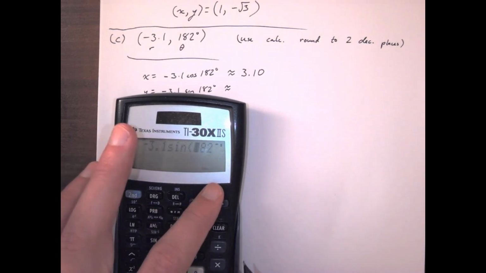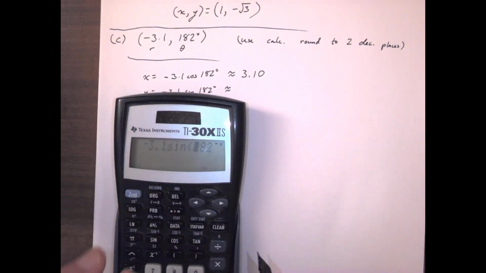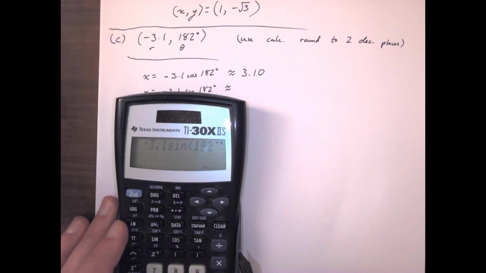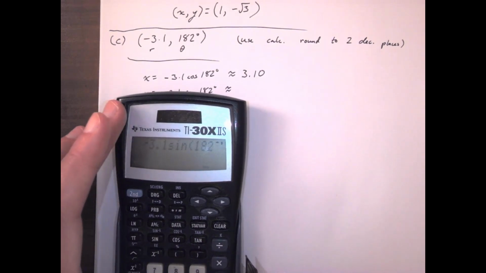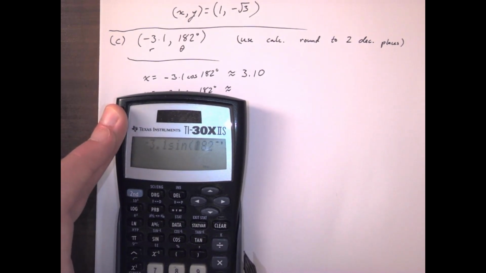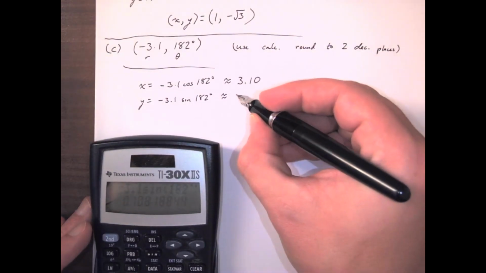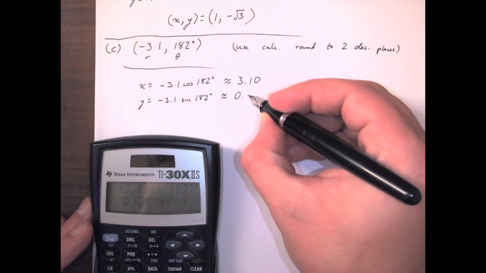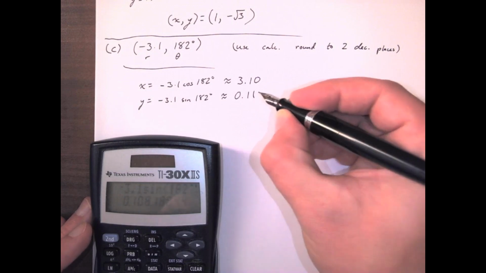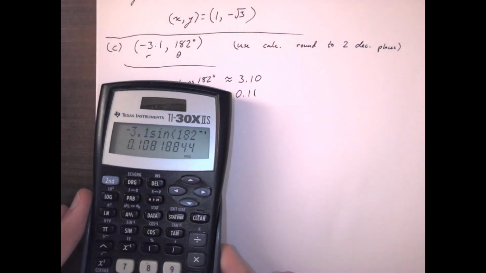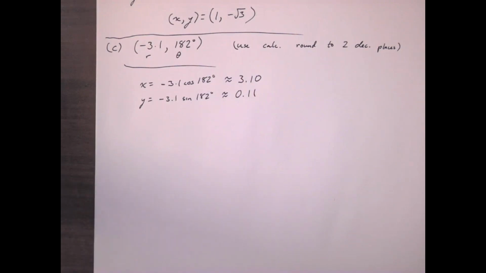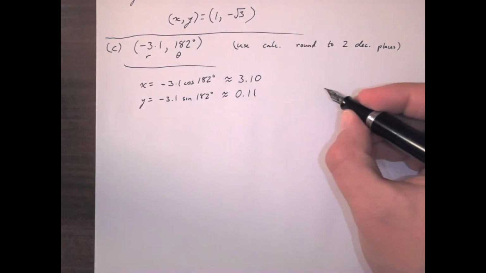If you just hit up on most calculators, you can modify whatever your previous expression was, such as changing a cosine to a sine. And then here we'll have 0.11. If I'm rounding to two decimal places, the 0 would round up to a 1.